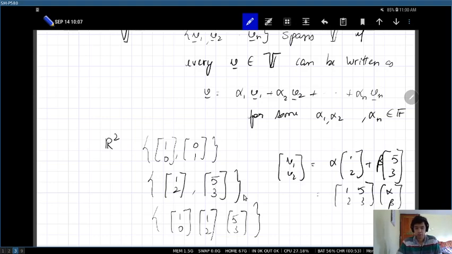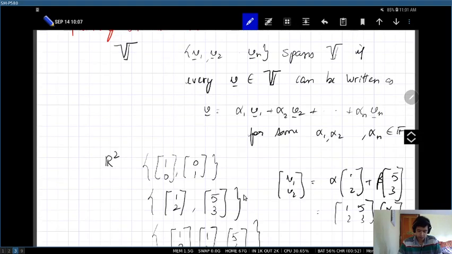So in general, if you have any spanning set for a vector space, and you add more vectors to this set, it still remains a spanning set, because linear combinations of more vectors can obviously get you to any vector in R2.